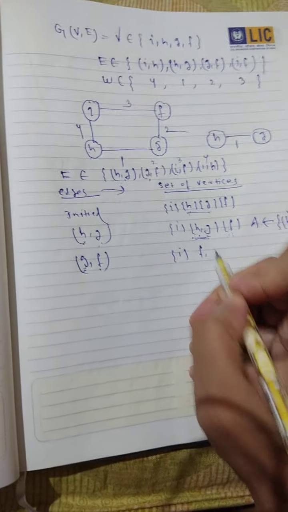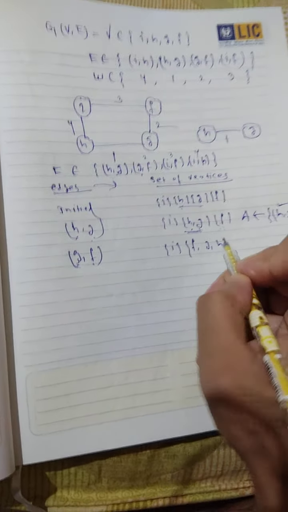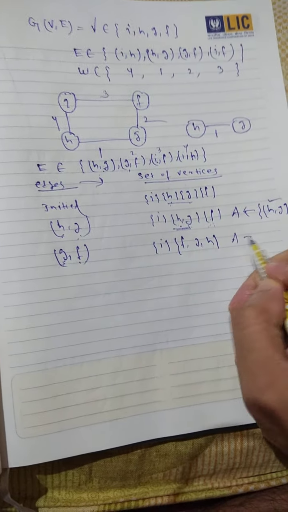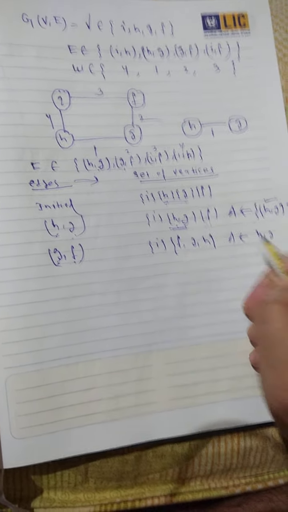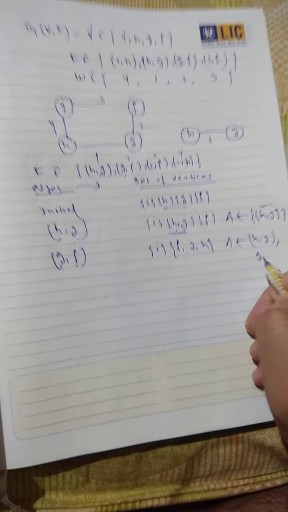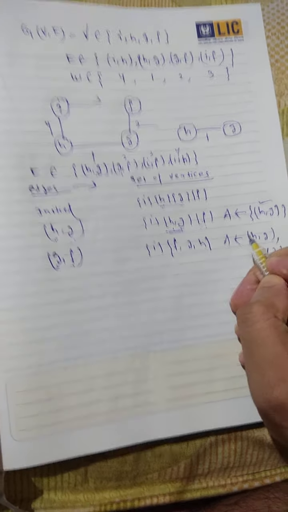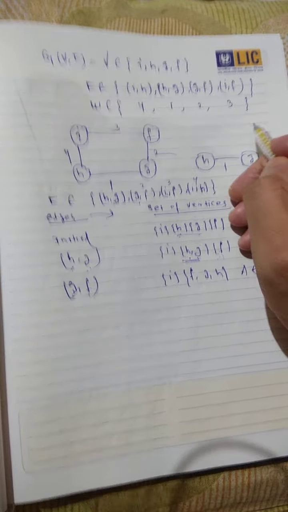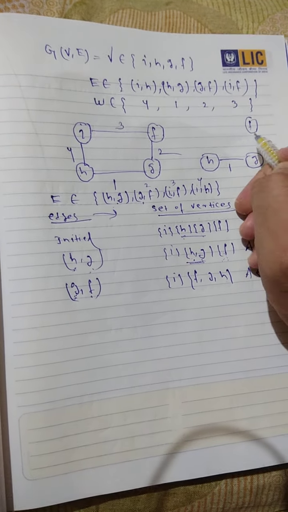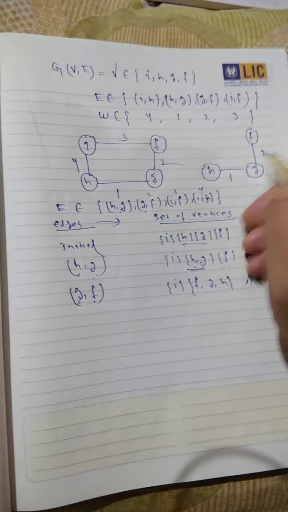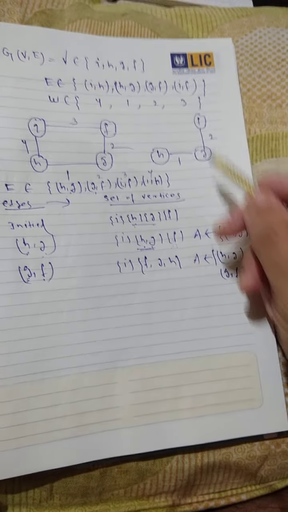F, G, H. Then the solution space also contains HG, which is already there, and we also consider GF. In the graph, these edges we have taken.